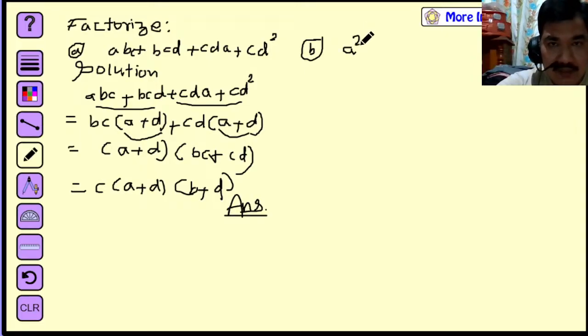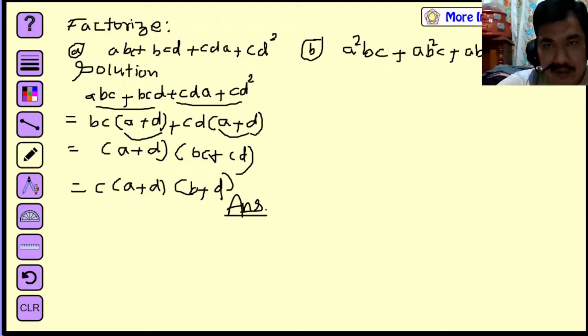A square BC, okay? Here A square BC plus, and the second term is AB square C, and the third term is ABC square, okay, right here.